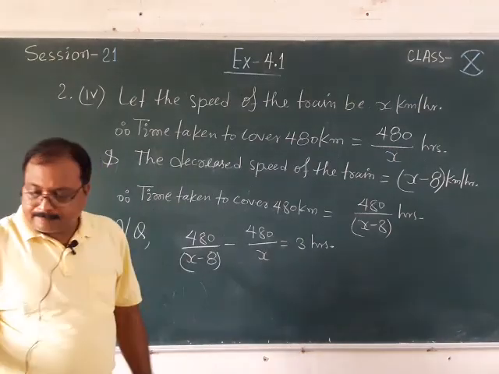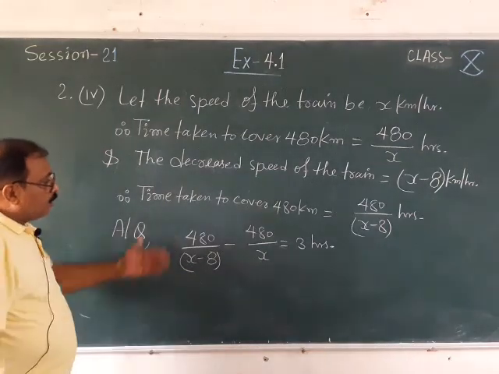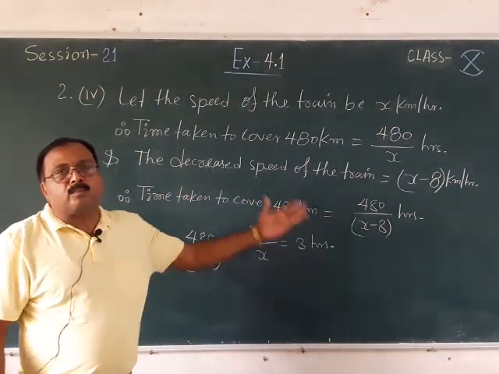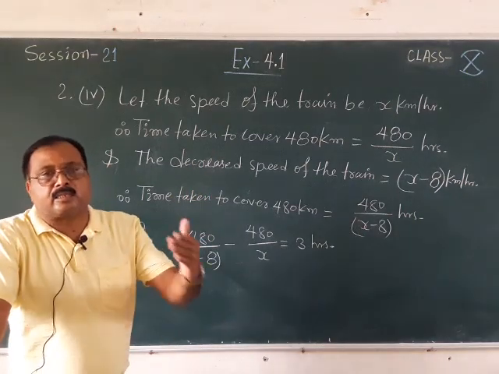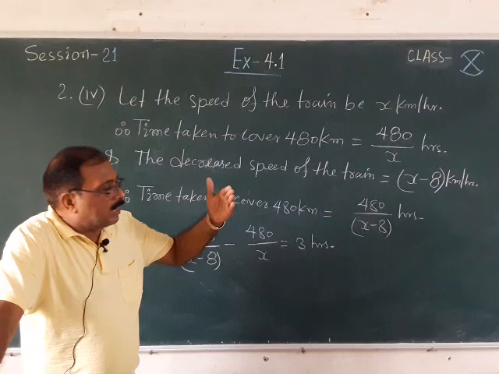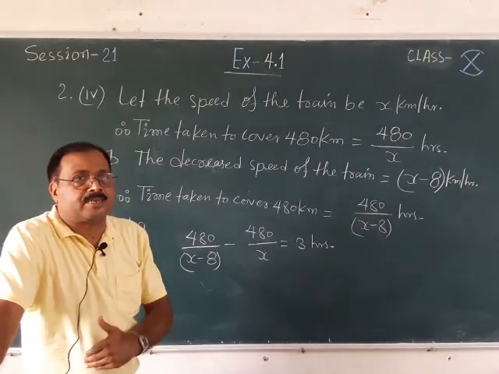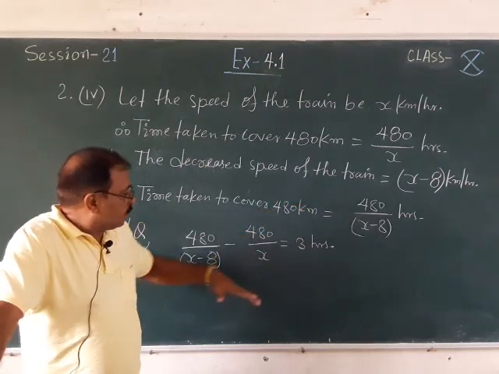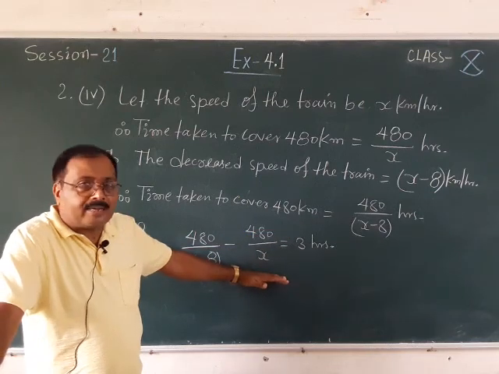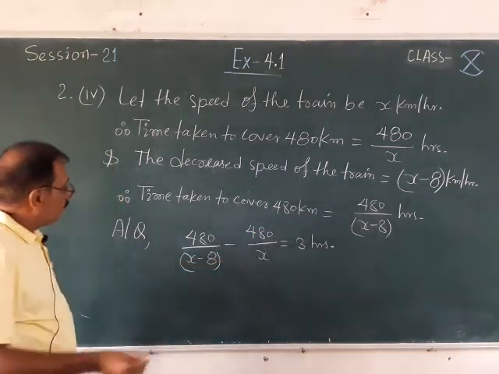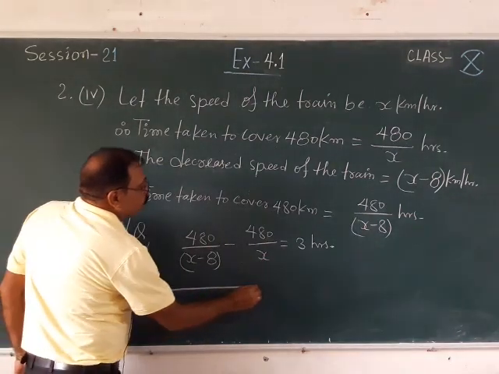In the statement it is written that the new time is 3 hours more than the old time. That means if the speed of the train is 8 kilometer per hour less, then it will take 3 hours more to cover the same distance. That means 480 upon x minus 8 minus 480 upon x is equal to 3 hours. Now we can solve it so that we can form a quadratic equation here.